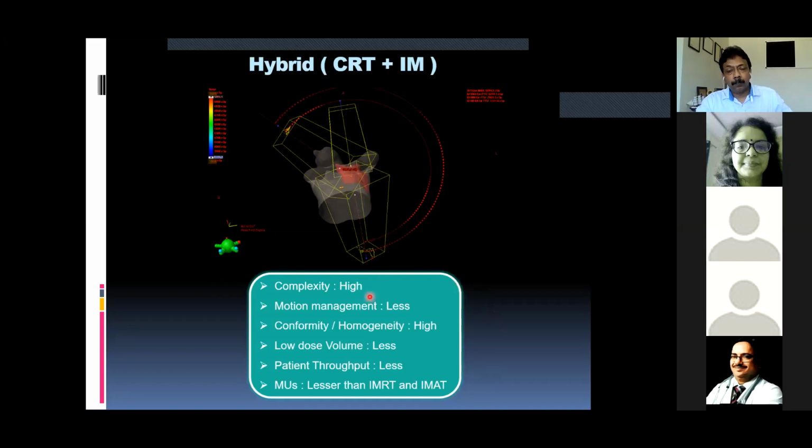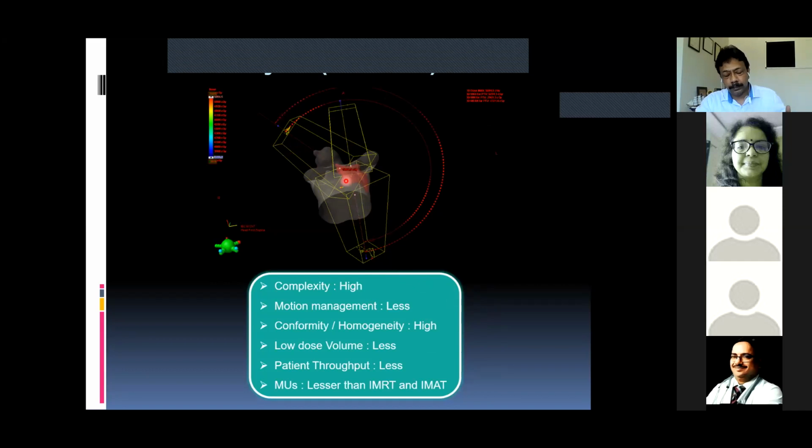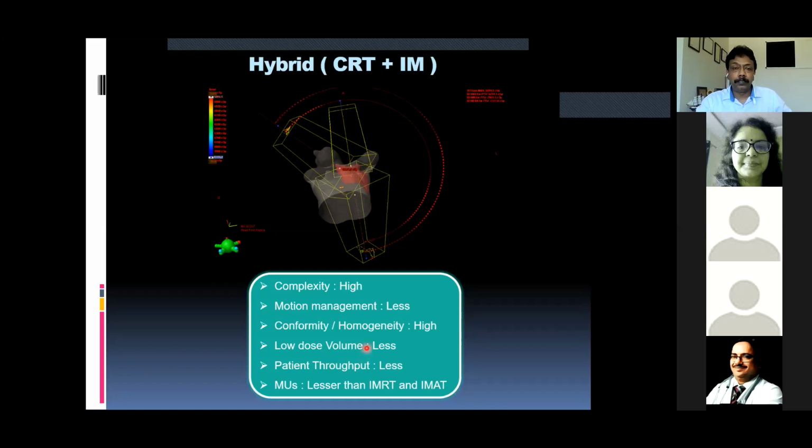The complexity of the treatment is very high, and as we know, motion management is not required, as we have maximum dose delivery by conventional 3D conformal radiotherapy, and so we can reduce the low dose volume in this hybrid compared to intensity modulated radiotherapy.